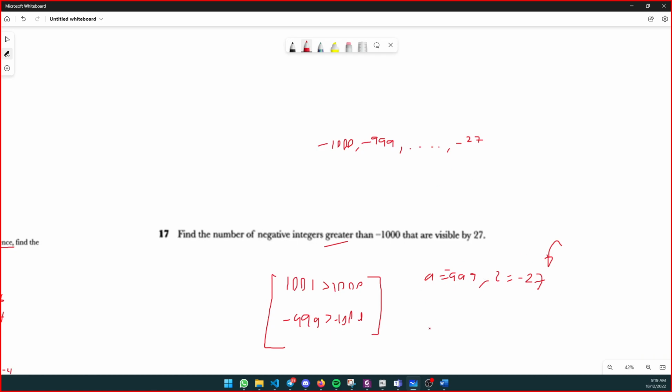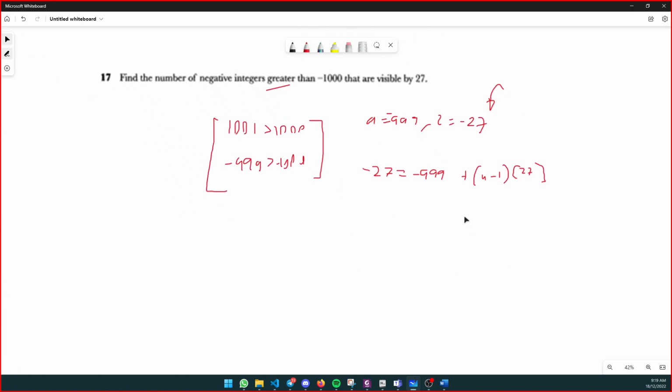So we use the formula again, L equals A plus (n minus 1)d. We can say negative 27 equals negative 999 plus (n minus 1)(27). So this is just maths again. Why did we write negative 27?